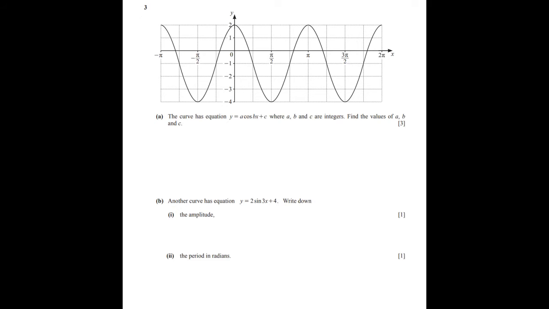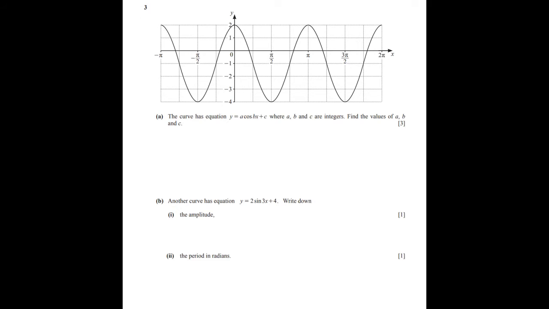Now we want to hopefully have some knowledge of the general shape of a cosine curve and the sine curve. That's really useful to have in your head. So what you should do probably is some practice looking at these curves. Use Desmos, I would recommend, and you can see what happens when you change the a, b, and the c.